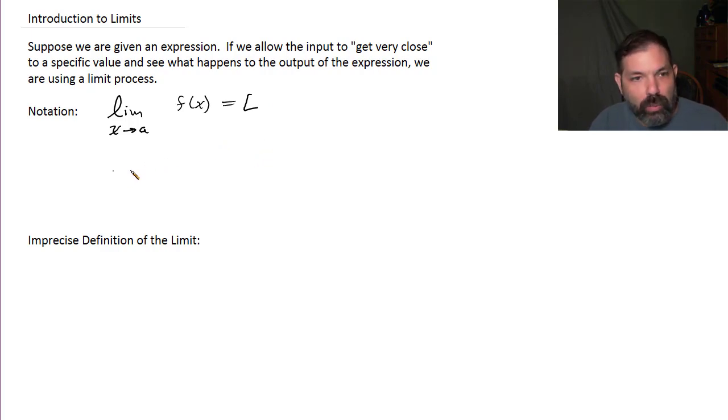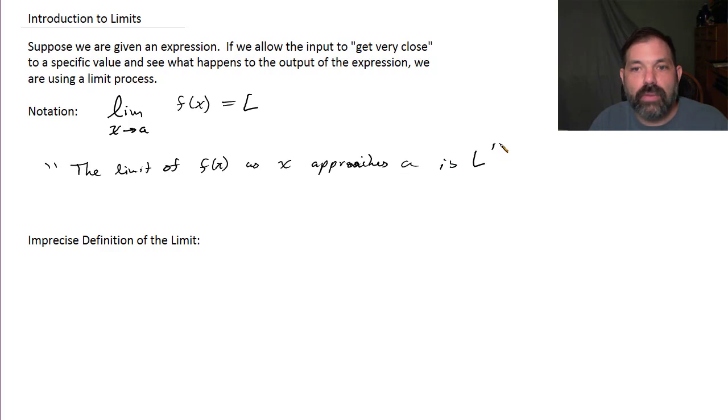What we understand from this is the limit of f of x, of the function, as x, the input, approaches a, is L, whatever that is.